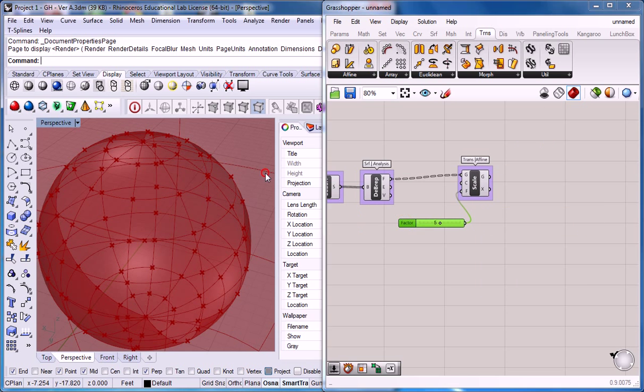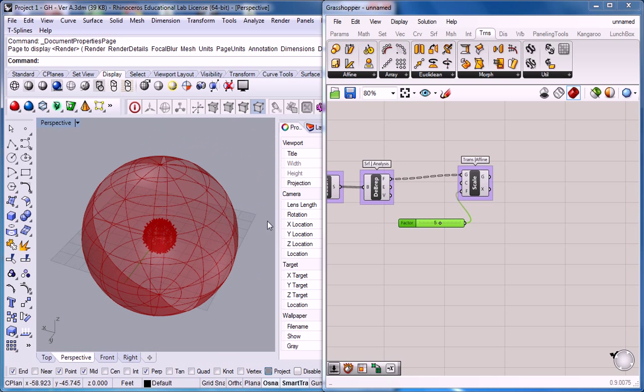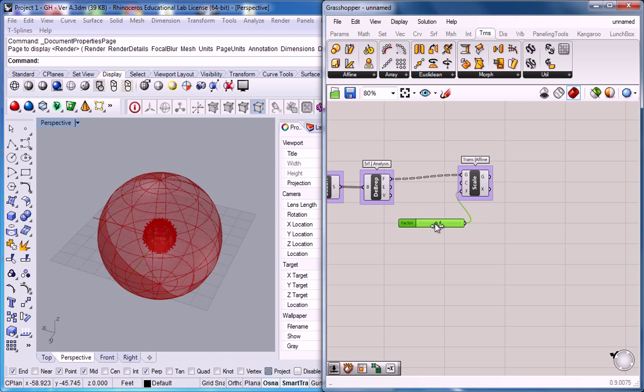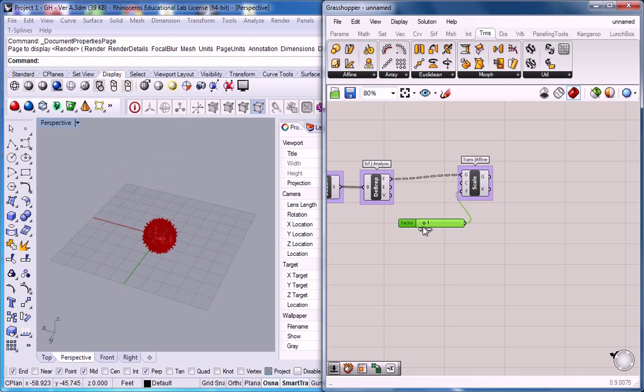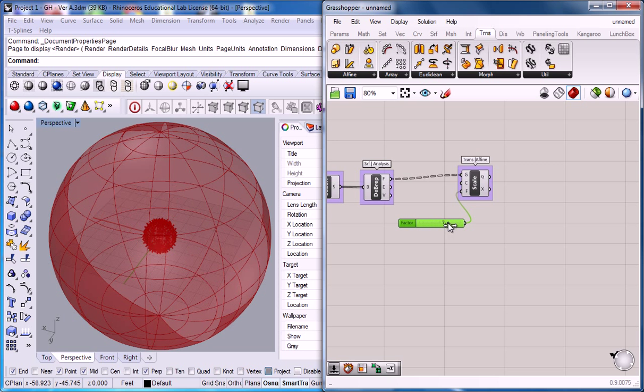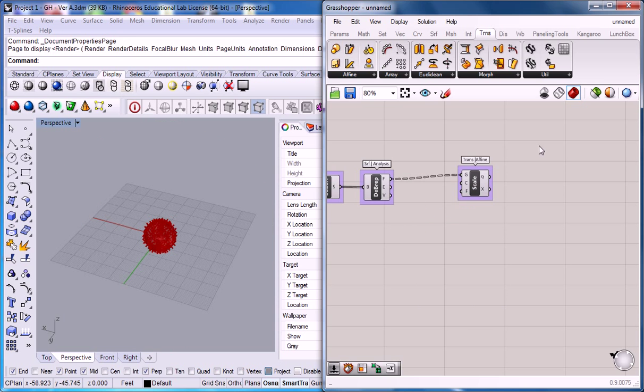Okay, so if I make this a 5, what you're seeing here is that it's not moving the cells out like maybe I thought it would. It's actually just scaling up all of the surfaces referential to the center point, and so it's not creating a gap that I want in between each cell. So that's not the route I want to go. So I'm going to get rid of scale.